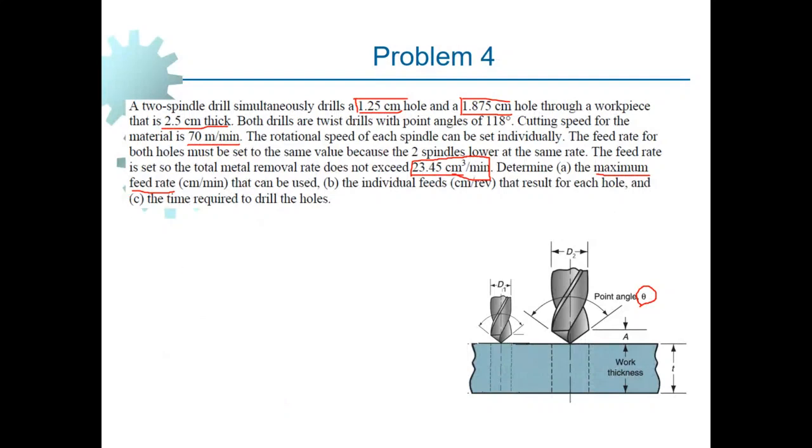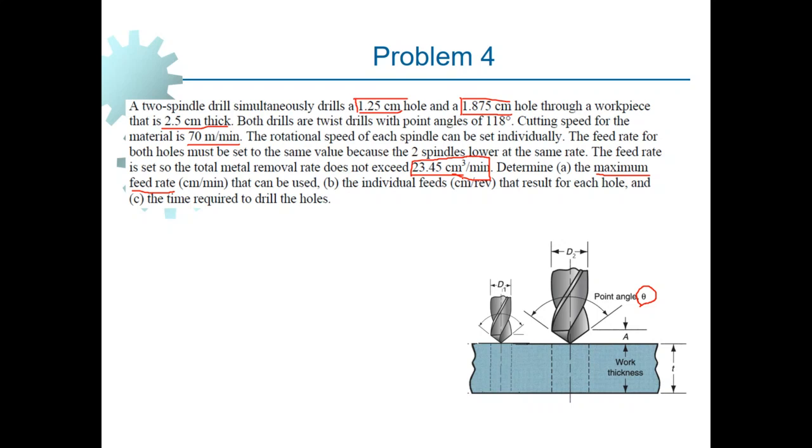So we are after maximum feed rate and we are provided with maximum material removal rate. If we take the equation for material removal rate from the equation sheet, it gives us the possibility of relating maximum material removal rate to the feed rate.